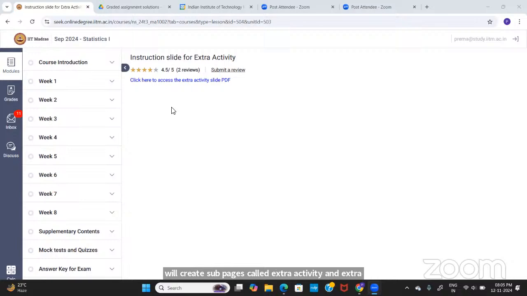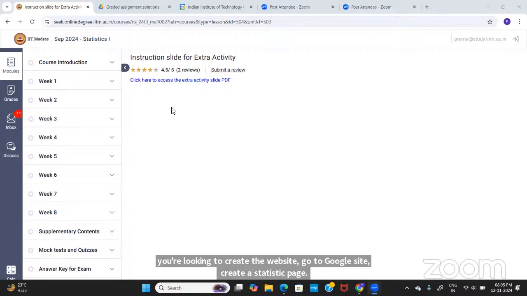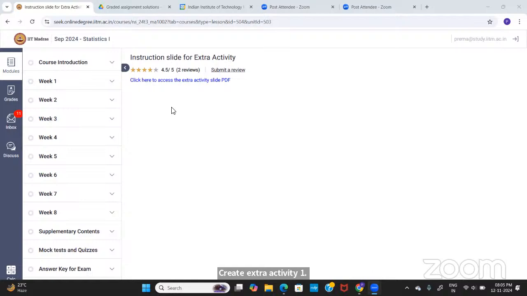Go through that, and we can talk about it again. For extra activity 1, the marks are the same. Your total work is to create the website, go to Google Sites, create a statistics page, create extra activity 1, and submit the link for extra activity 1. That's our first activity.